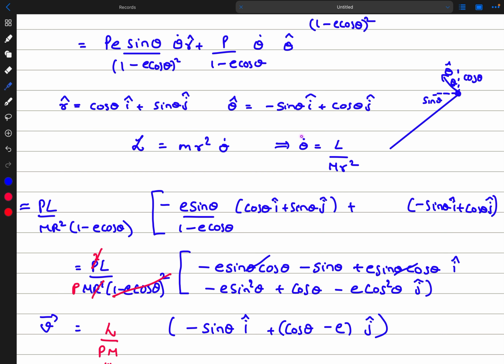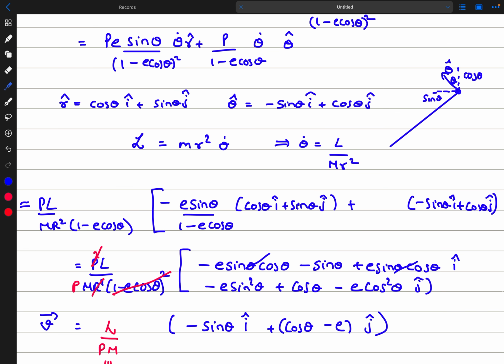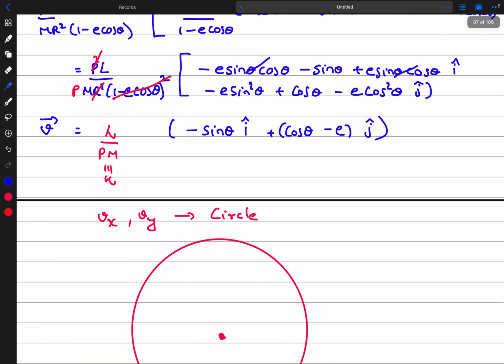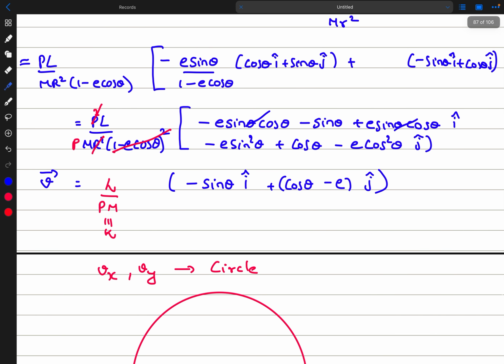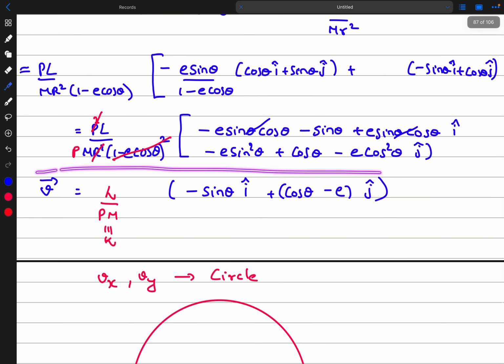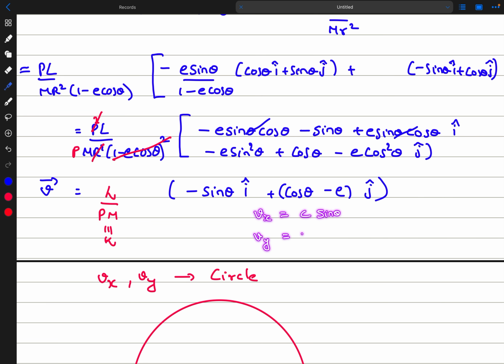Okay, so from here, theta dot can be written as L over m r squared. And now it's just a bunch of calculations. You guys can check it out if you want. But finally, you get the velocity vector. Once you have this, this thing is going to be a constant. And from here, it's easy to see that Vx is some constant times sin theta. Vy is some constant times cos theta plus another constant.